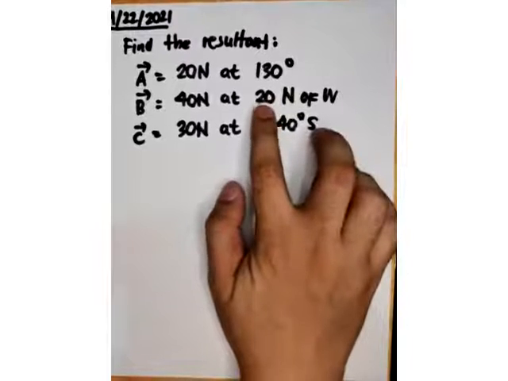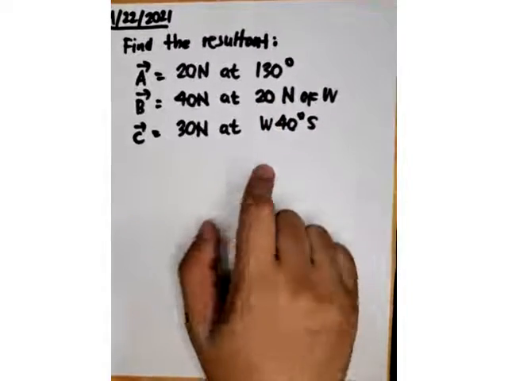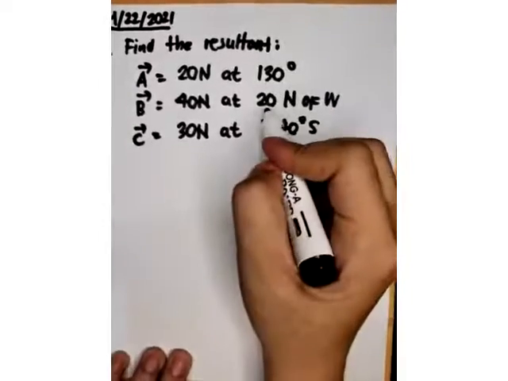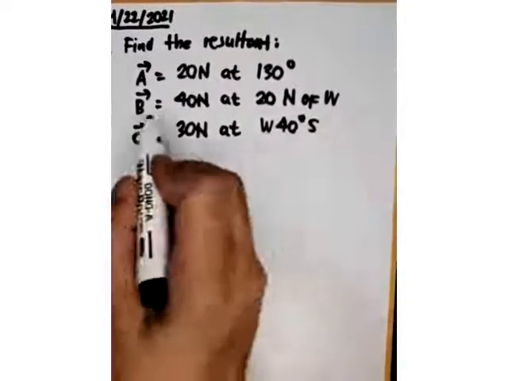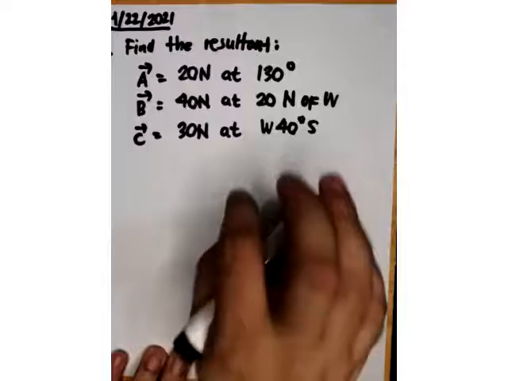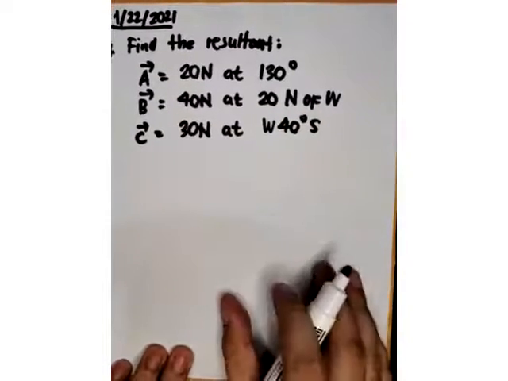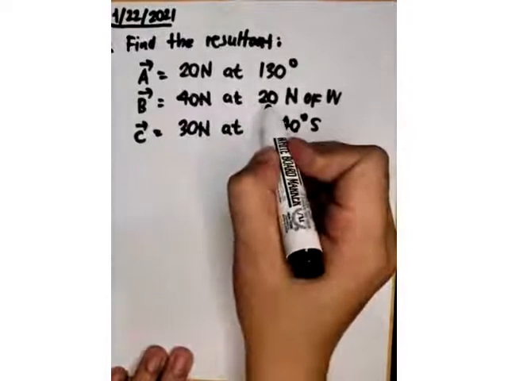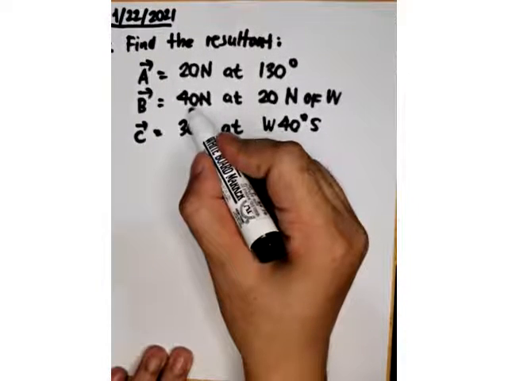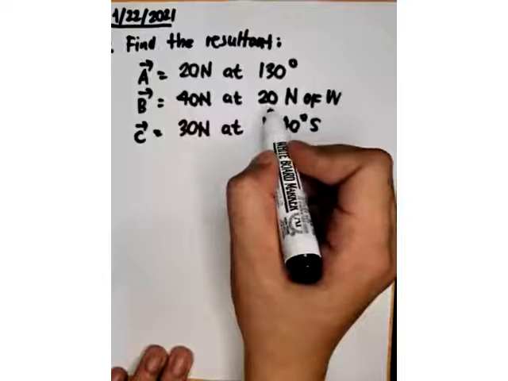Okay lang naman na idiretso natin yung 40. So example, ito wala tayong problema. How about yung B? Paano natin kukunin yung B of X at saka B of Y, or yung components ng B? Di ba tinatabulate natin? So paano natin kukunin yung B na 40 newtons at 20 degrees?